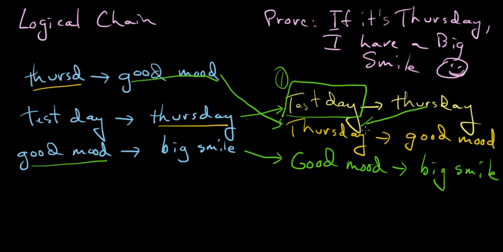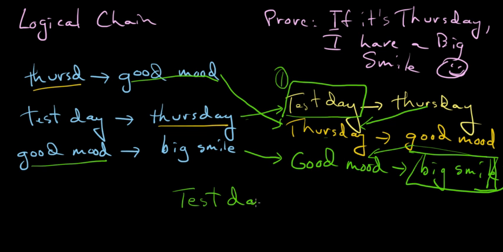And if it's Thursday, then it goes to good mood. And if it's good mood, then it goes to big smile. So what we have is test day and big smile.